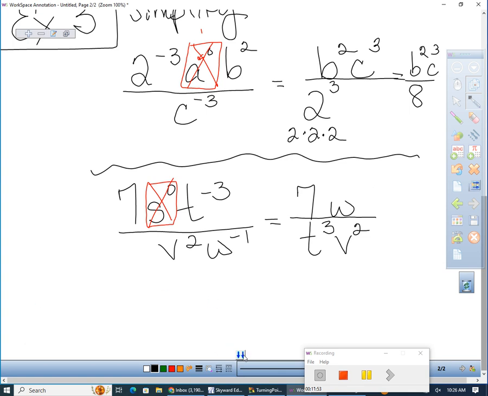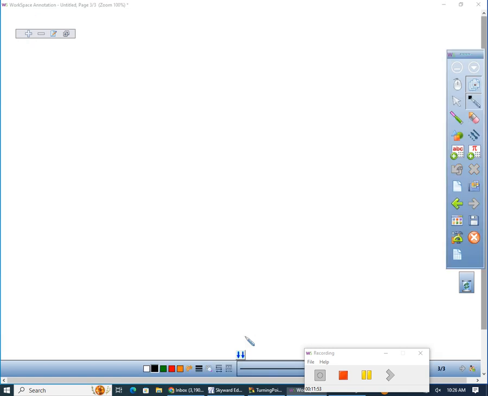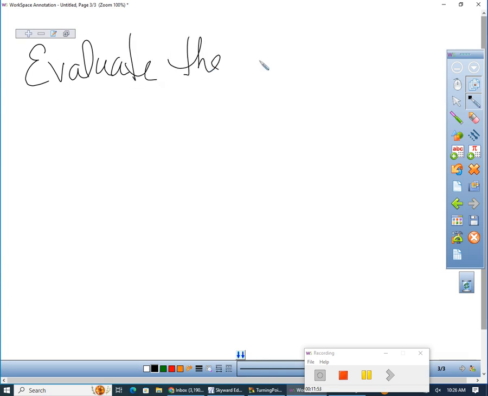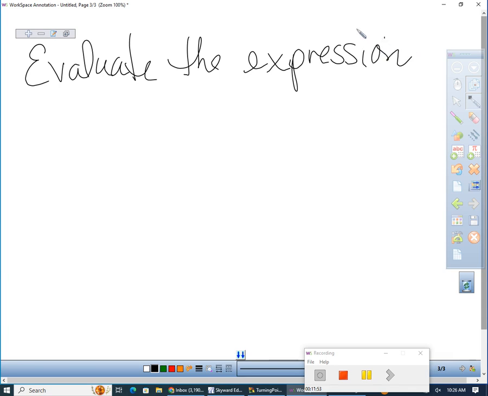All right. I want to talk about the last section. The very last section you have in your homework, it says to evaluate the expression. When you evaluate the expression, and again, you have to trust me on this, I've been doing this a really long time. Here's what I suggest you do. Step 1, simplify first.